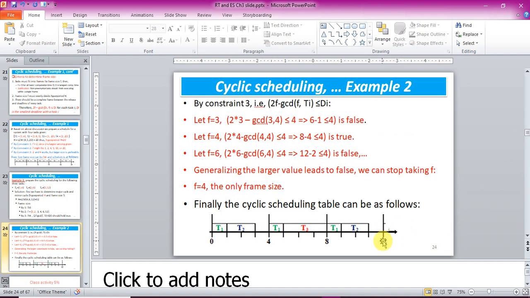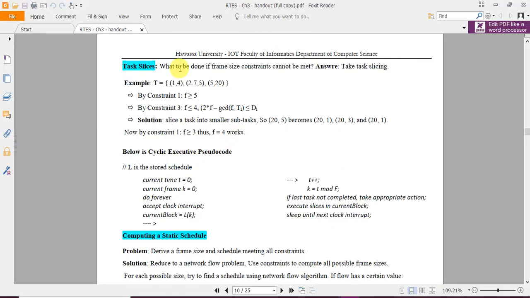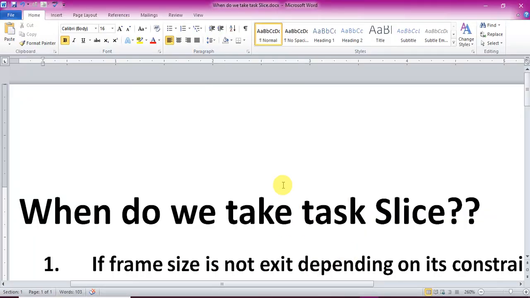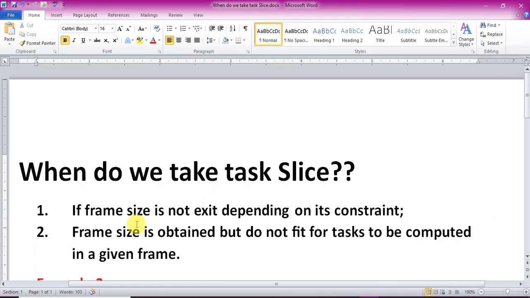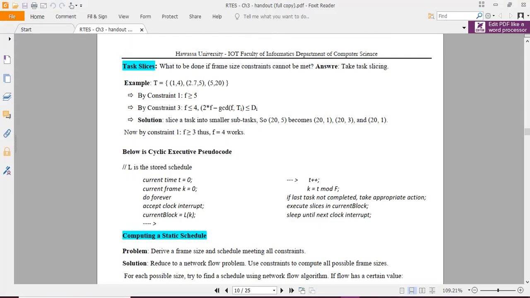The question in today's discussion is, when do we take task slice? We take task slicing if no frame size exists depending on its constraints or criteria. If we can't get a frame size, we are subjected to take task slicing.